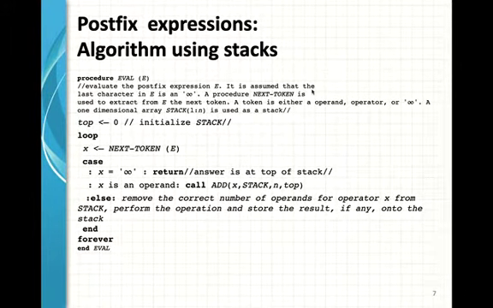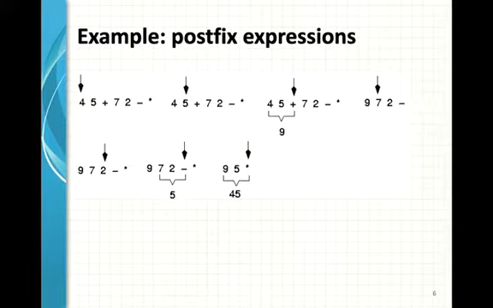It is assumed that the last character in e is an infinity. We have to consider this kind of thing because this picture is an abstraction, just a pictorial representation.